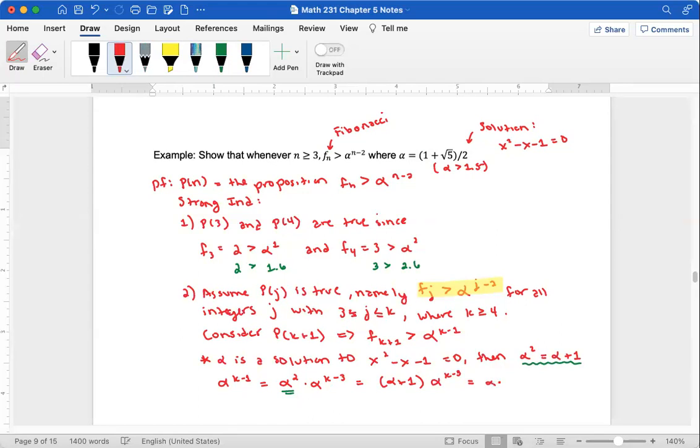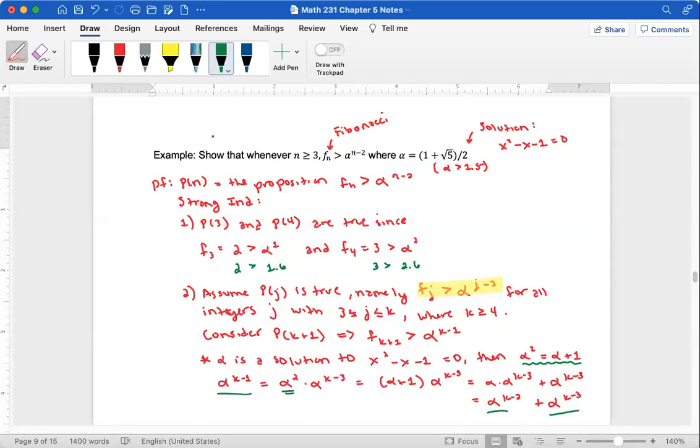So that's alpha times alpha to the k minus 3 plus alpha to the k minus 3. And look here, alpha times alpha to the k minus 3 is alpha to the k minus 2, plus alpha to the k minus 3. So those are the two previous powers of alpha. Look at that, it's in the form of a recursive sequence. I started with alpha to the k minus 1, and I'm showing that it is the sum of the two previous powers of alpha.